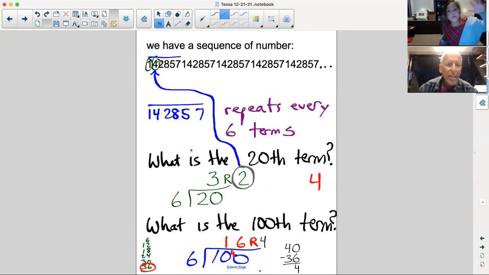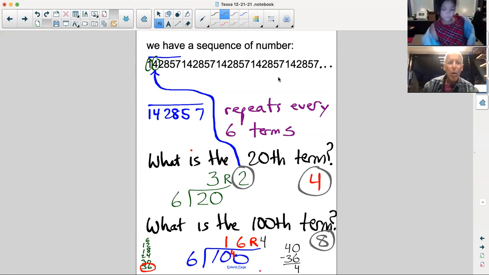Tessa, there isn't even a 3 in the sequence. Tessa, it's the 4th term. It's 1, 2, 3. Come on, Tessa. It's 8. The answer is 8.